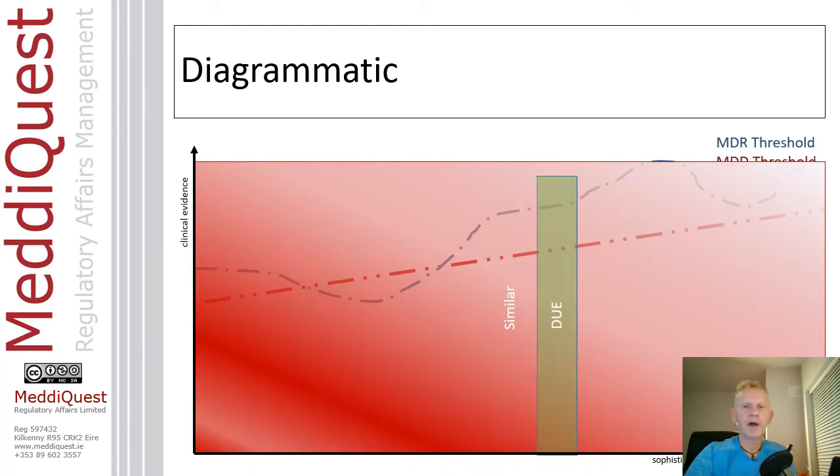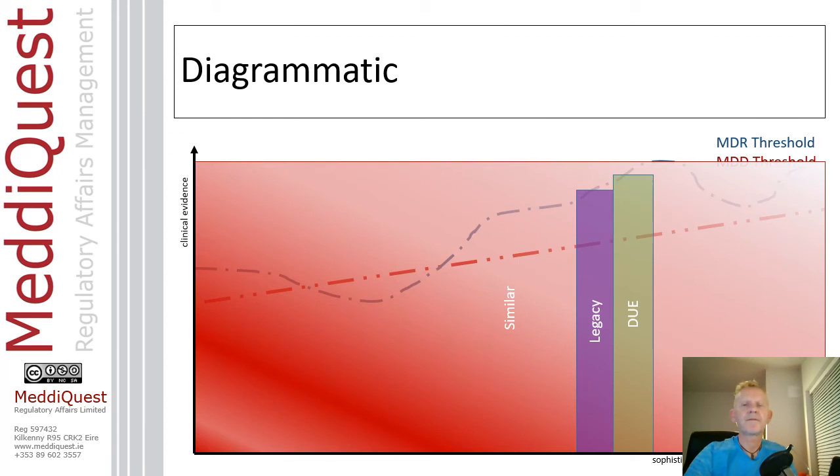And then if we look at our device that we're looking at, if we look at our target device and then we look at a legacy device, if we have the same product under the medical device directive and we've simply kept it basically the same and just done a few tweaks to it, it's probably a very close neighbour.